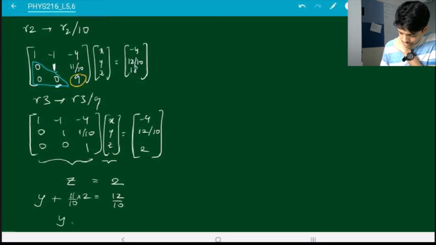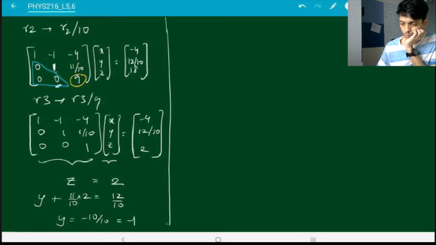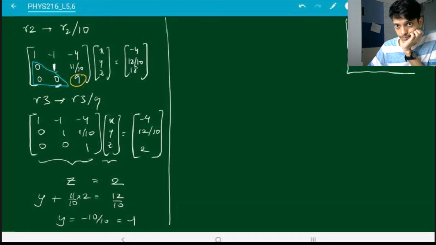And from this you get y equals 12 minus 22 is minus 10. So it is minus 10 by 10, which is minus 1. And if you look at the first equation, the first row of this matrix equation, that is x minus y minus 4z equals minus 4.